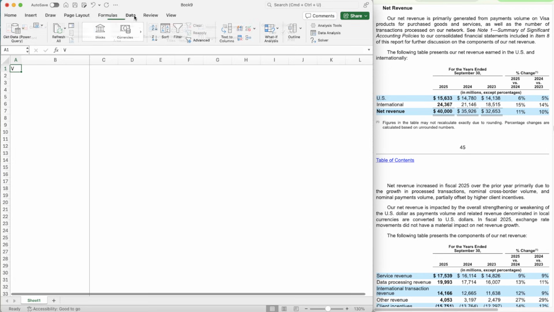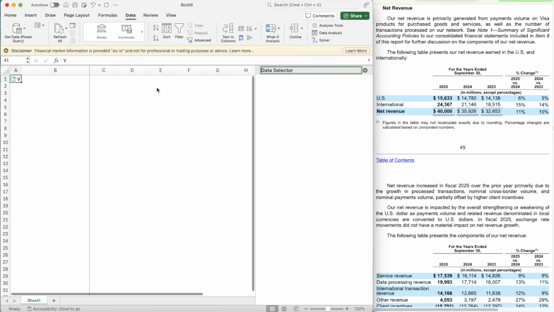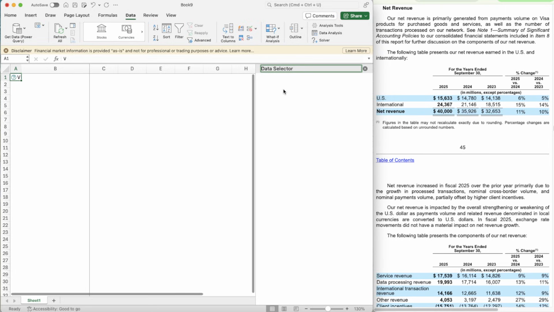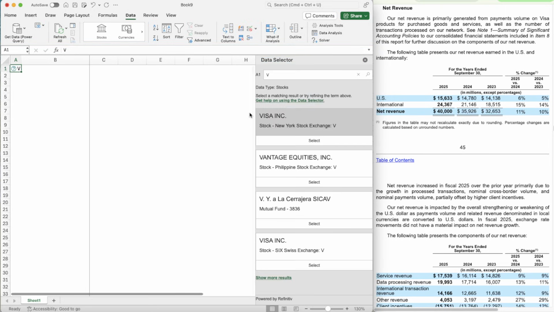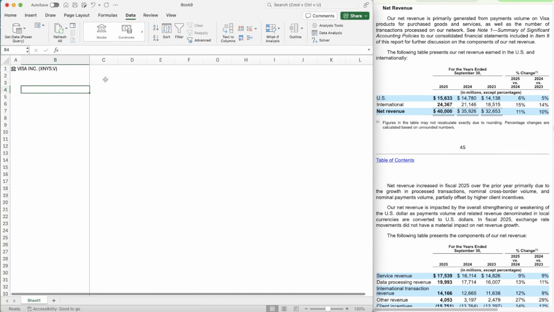Then go data, stocks. It's on the NYSE, the New York Stock Exchange, so let's select. Now we can start building out the model.